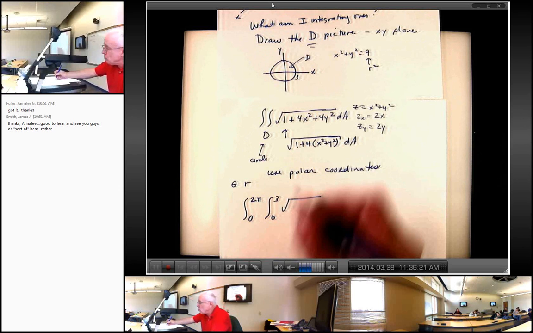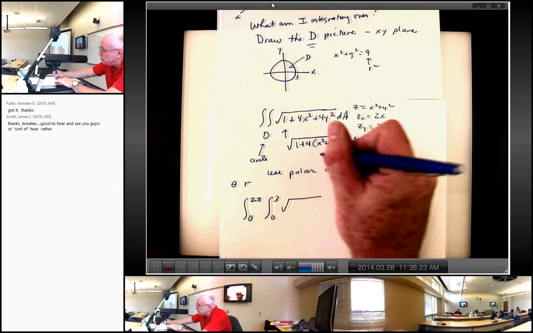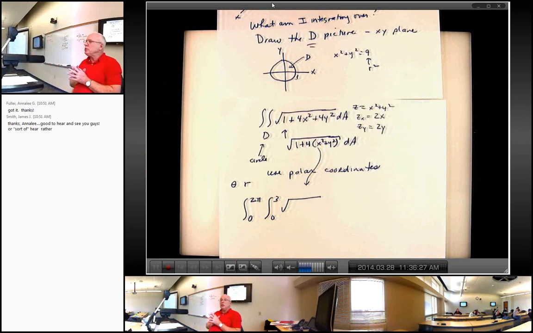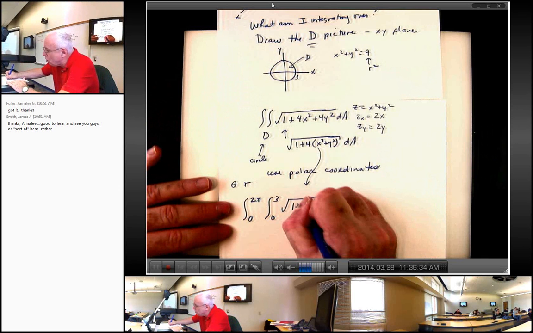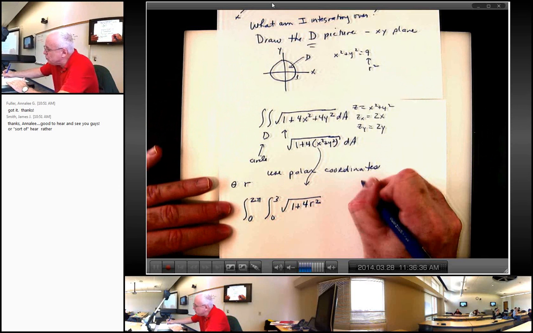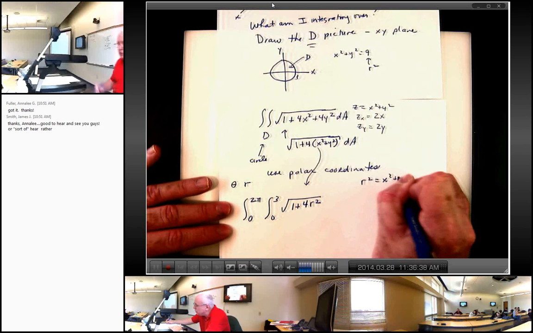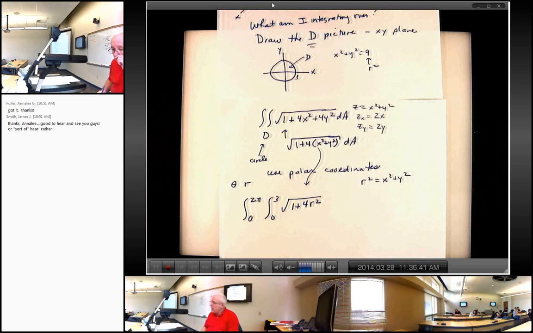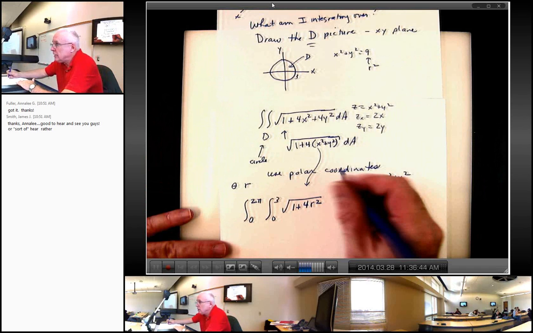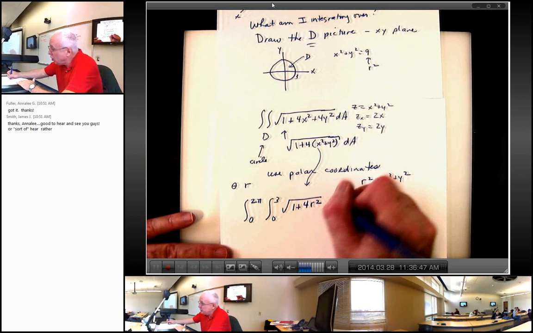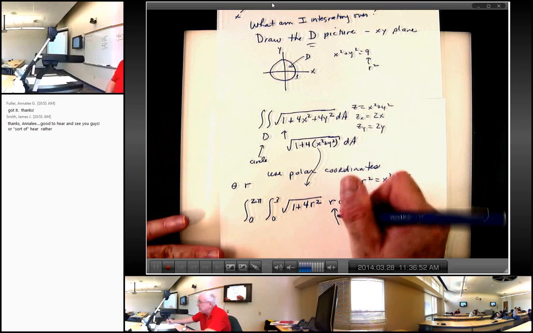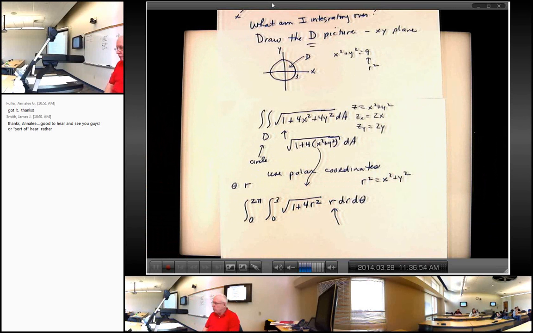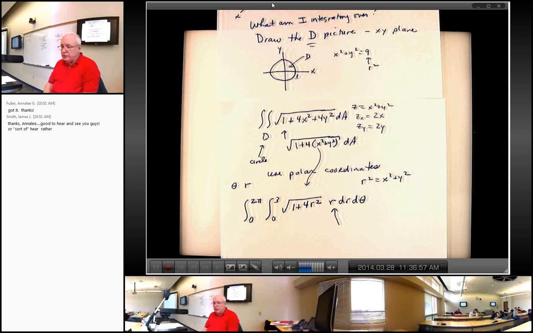How is this function going to be rewritten? The square root of 1 plus 4r squared. Because remember, r squared is equal to x squared plus y squared. Now, also remember r dr d theta. Don't forget that extra r there. Right. Okay, now we're ready to do this.